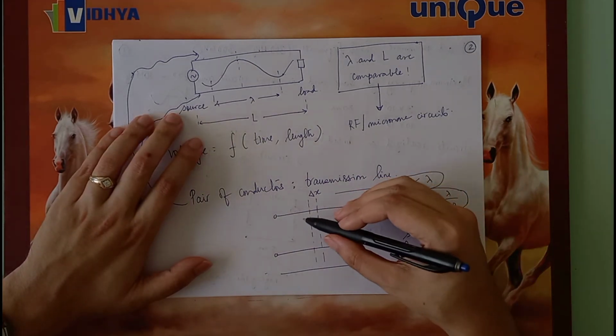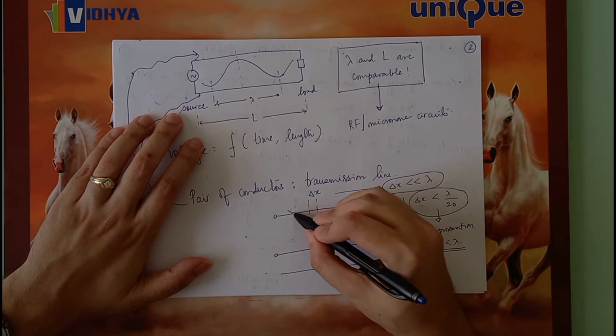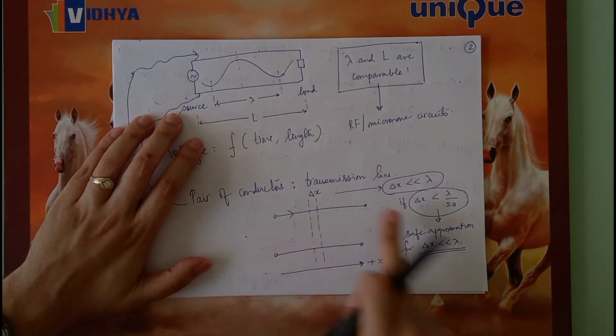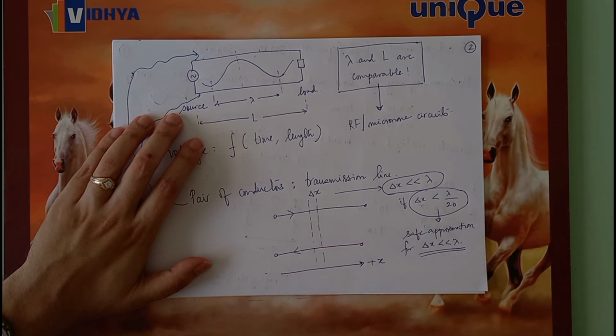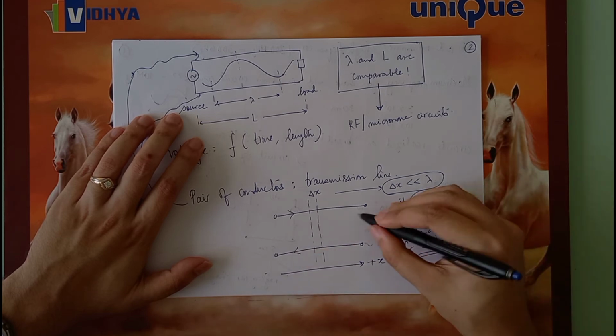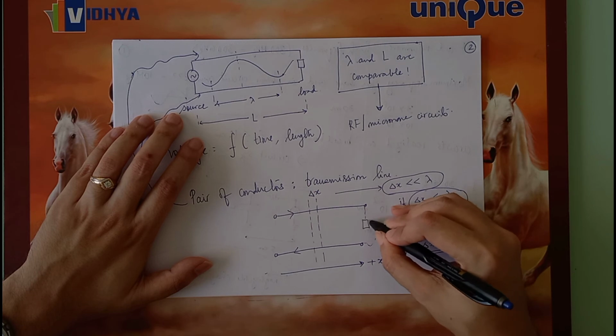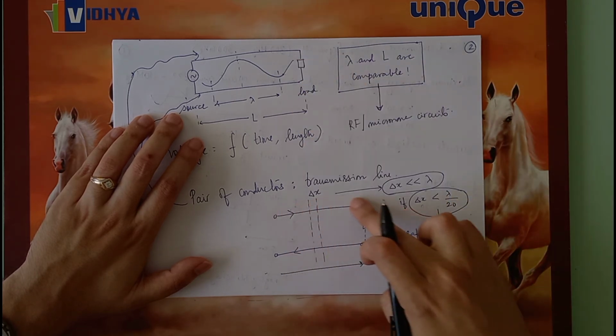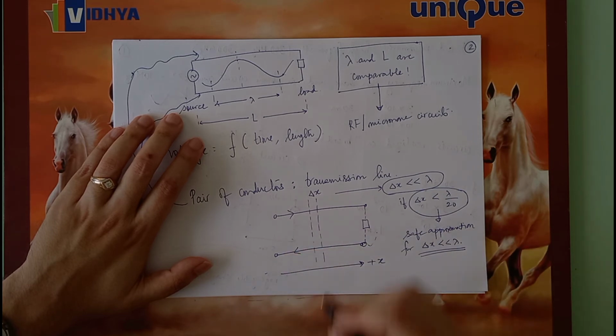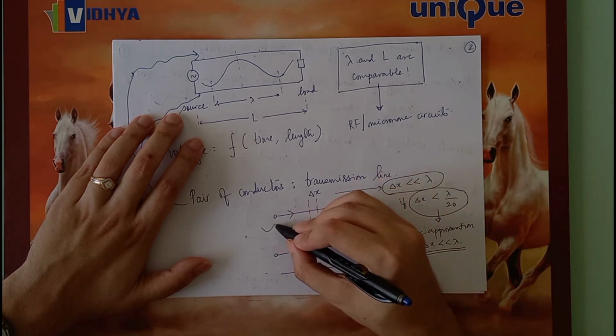Now, there is some current which is flowing along this conductor and some current obviously which is returning from the other path. Obviously, there will be some end of the line somewhere, just like this. So the current will flow and come back. But as you know, this is a time varying current.